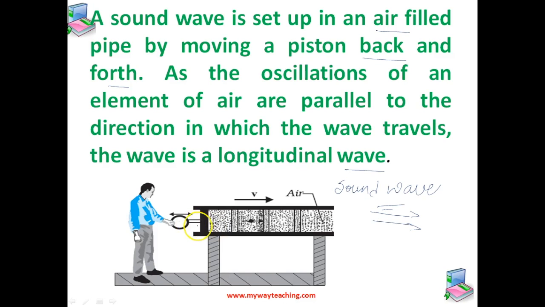If this push and pull of the piston is continuous and periodic, a sinusoidal wave will be generated propagating in air along the length of the pipe. So this is clearly an example of a longitudinal wave, isn't it?